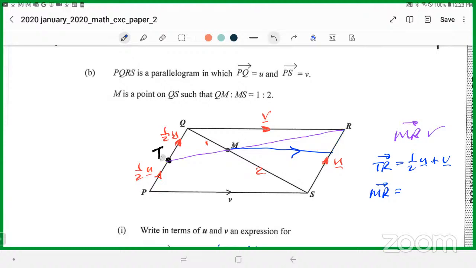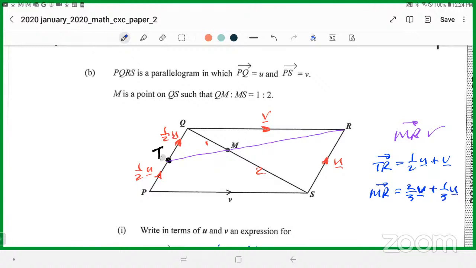To come from here to here is 2/3 V, and then to go from here to here is 1/3 U. I know this is a question I set all the time with different values and different letters, but it's the same thing. So the MR is 2/3 V plus 1/3 U.